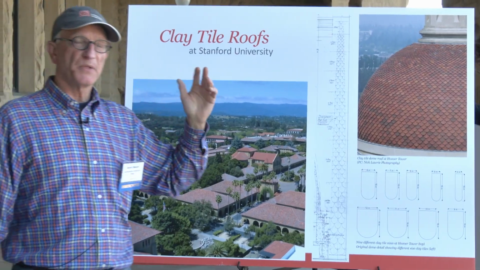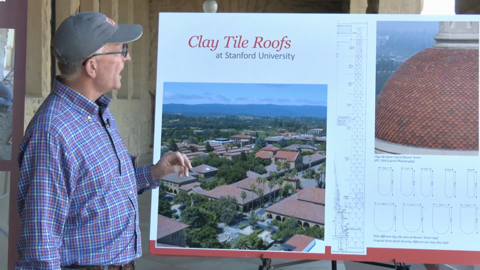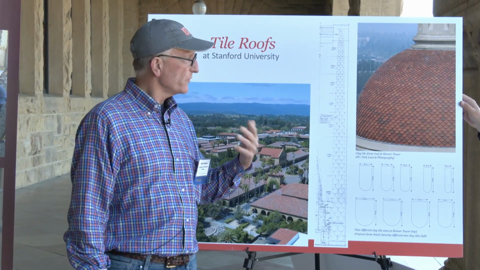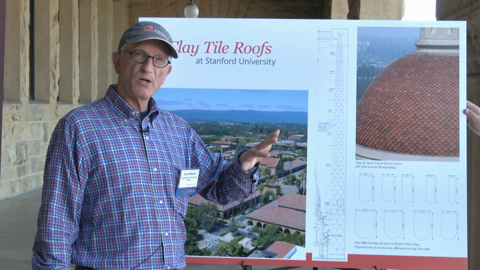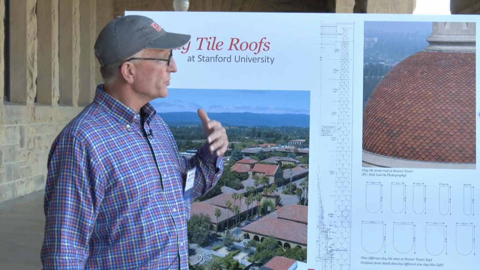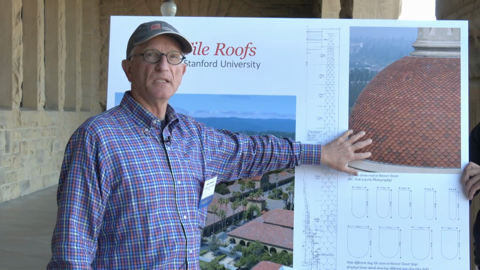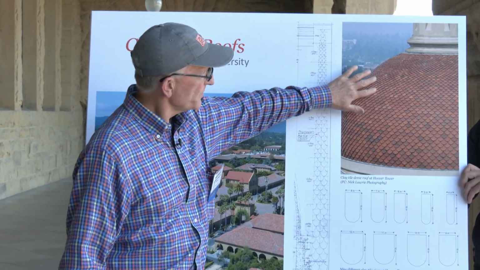I'm going to talk about the Hoover Tower, which you can see right over here. As we progress through the years at Stanford, that historic kind of barrel type of tile was reinterpreted. And here you see the top of the Hoover Tower, where we have these scallop-shaped tiles.